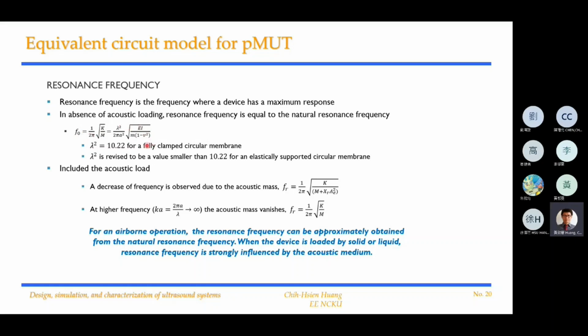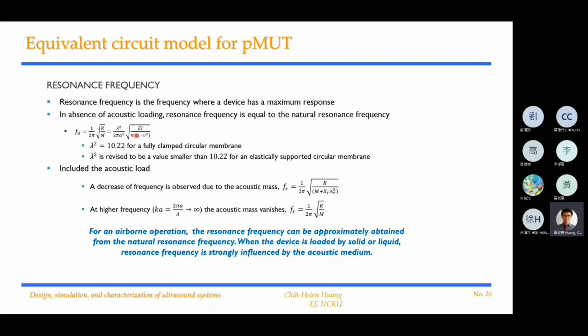And lambda is still related to what mode you are working on. If you remember previously, lambda is 3.996 for the first mode, right? The square of 3.96 will be 10.22, which is where this value comes from. So here F0 means it's the first mode.